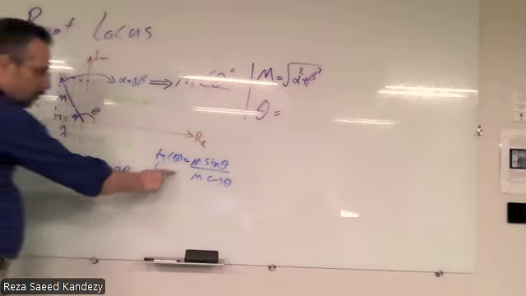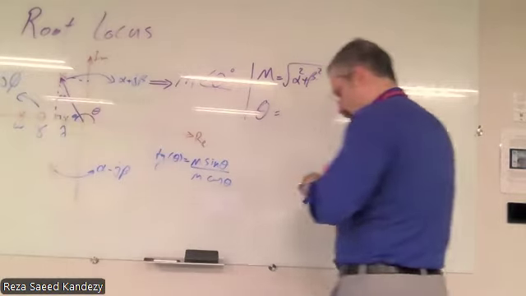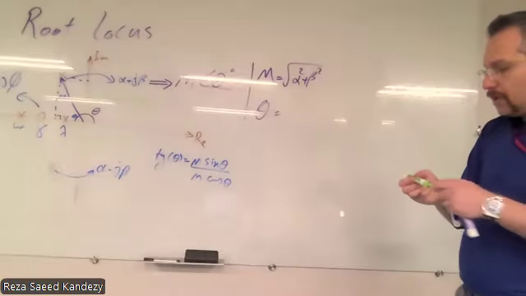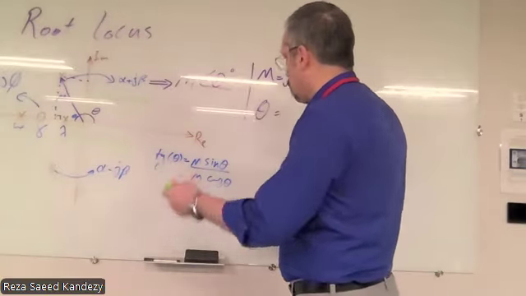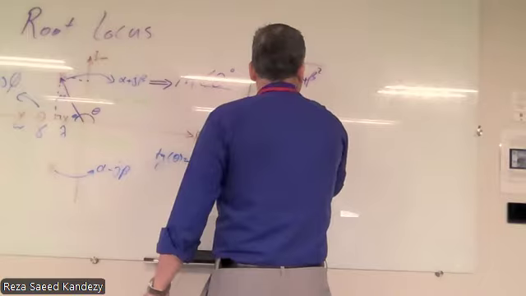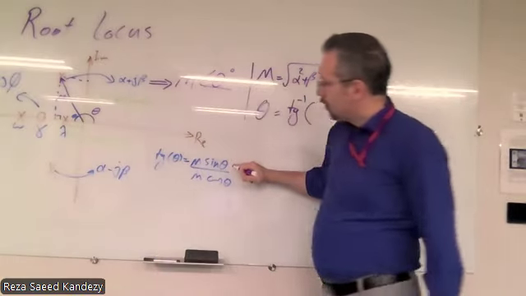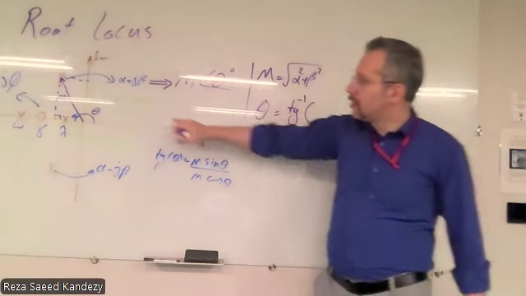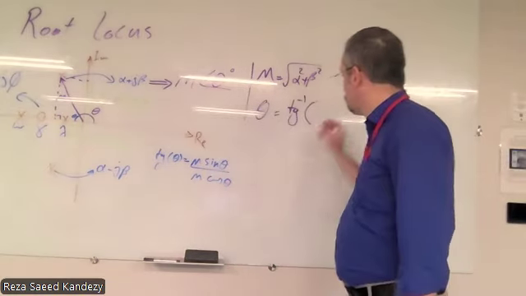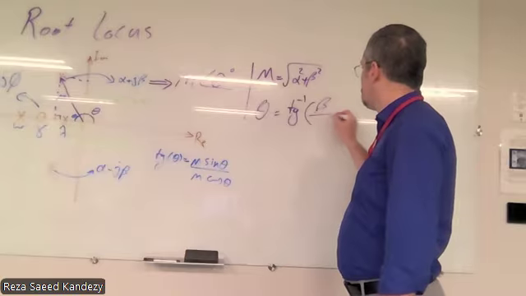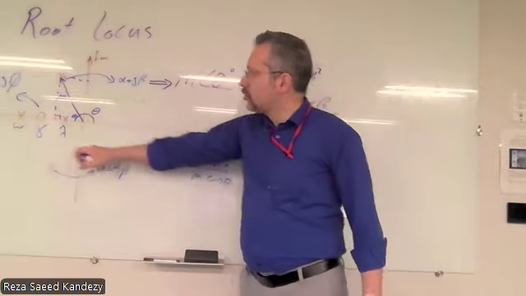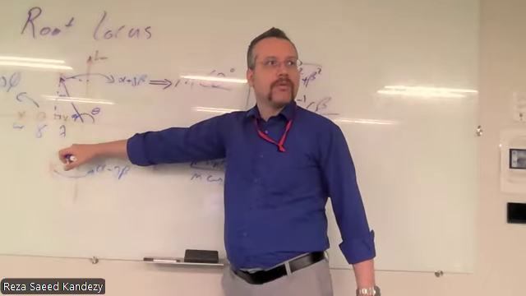So what is going to be theta? It is going to be the inverse tangent of our numerator, which is beta, over our denominator, which is the alpha that we had before.